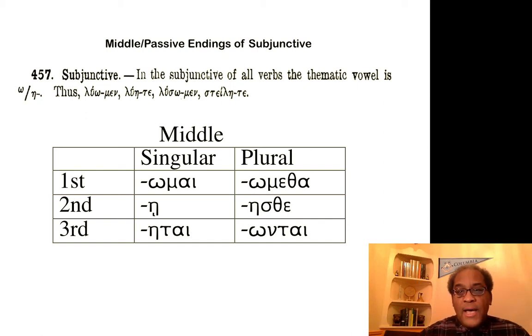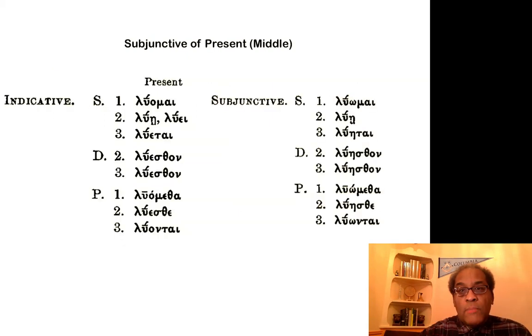So: omai, e, etai, ometha, esthe, ontai. In the present, you see those endings added to the present stem: luomai, lue, luetai, luometha, luesthe, luontai.